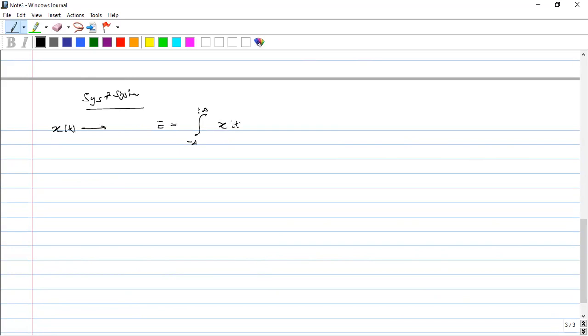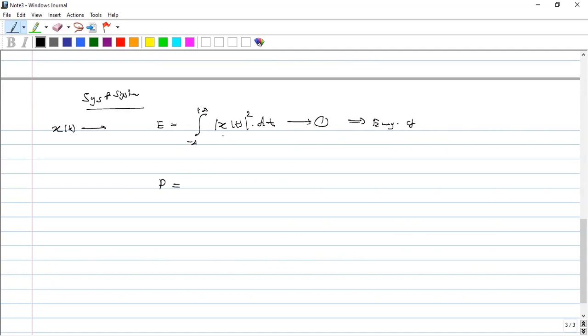This is the energy of the x(t) signal. If you want to find the power, power is energy divided by time.